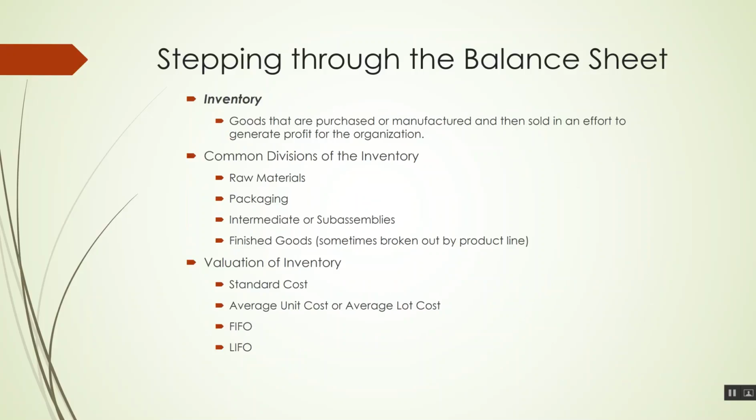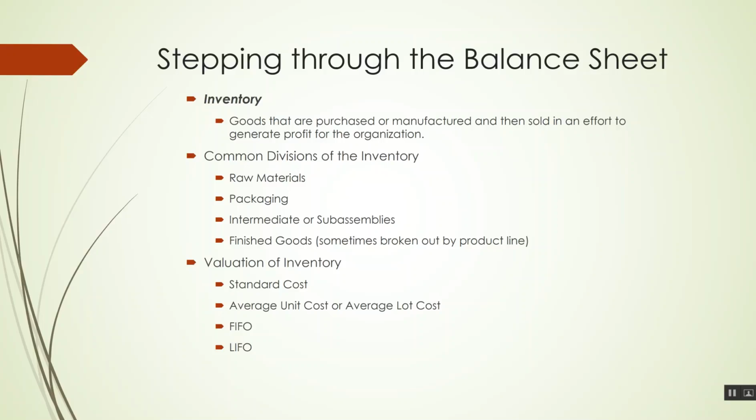Next item on the balance sheet is our inventory. Inventory is any product that is purchased and or manufactured by an organization and then sold in an effort to generate profit for the organization. When you're looking at the inventory section of the balance sheet, it might be further divided into categories. If you're a manufacturing organization, you might have a raw materials account.